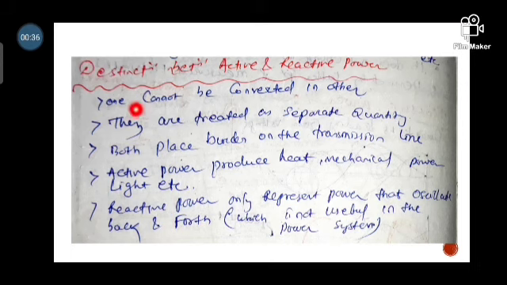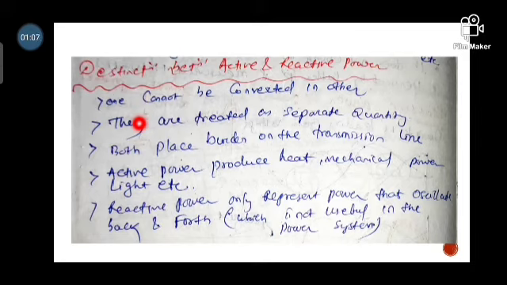Let's see the distinction between active and reactive power. One cannot be converted into the other. The active power cannot be converted to reactive form, because the active power is always positive, while the reactive power at any time shows a positive graph and at another time a negative graph.